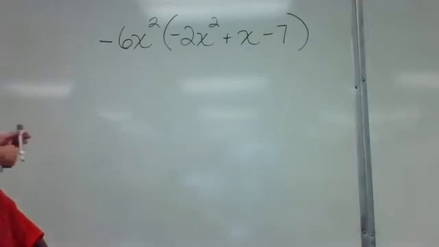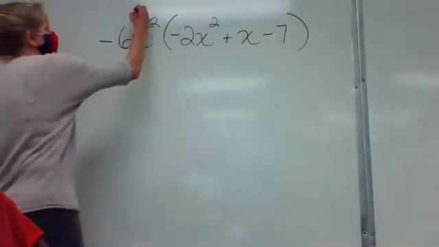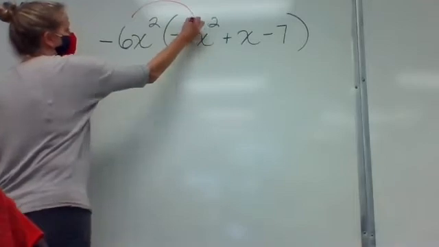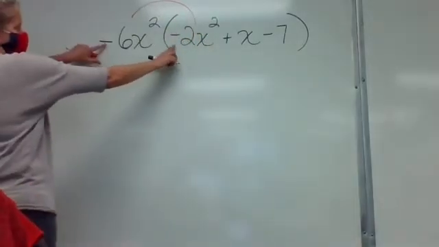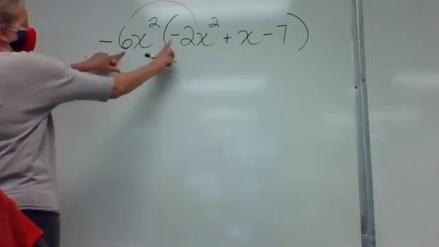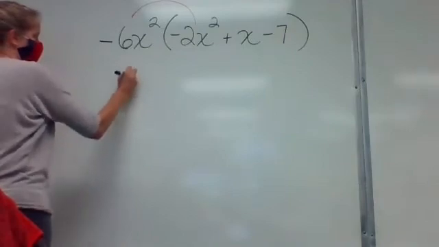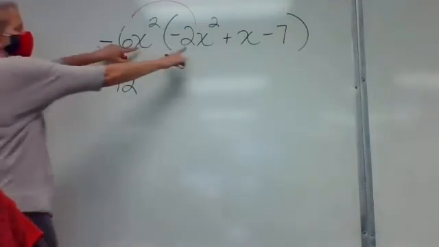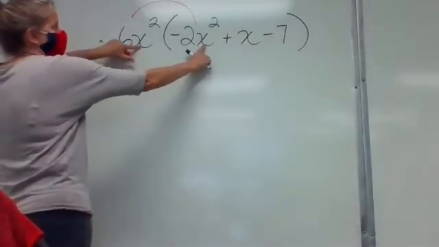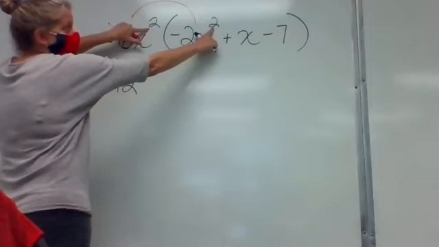Same thing. Be careful with your signs. I'm going to distribute, right? So the very first thing I'm going to have is that one right there. So what is my number part going to give me? -6 times -2 gives you positive, right? Positive 12. What's your exponent part going to give you?